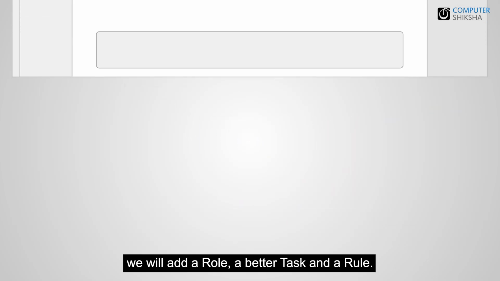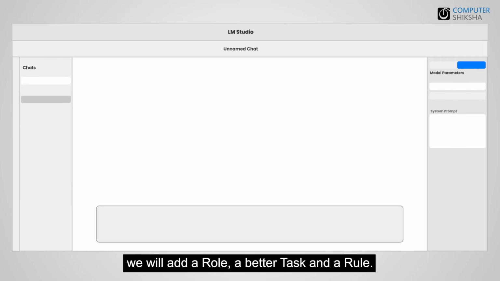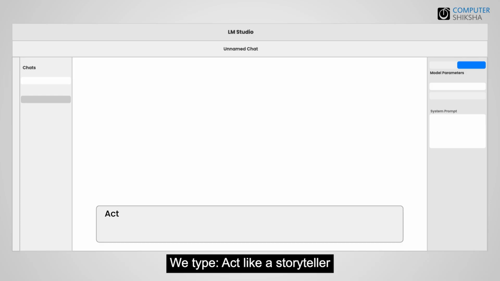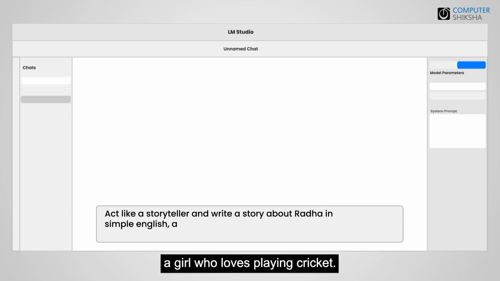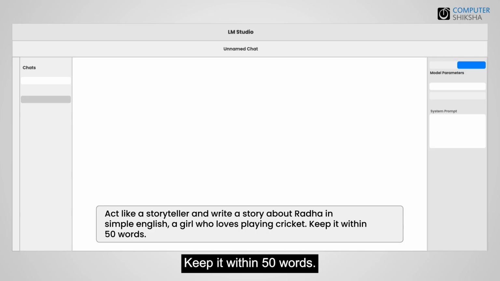This time, we will add a role, a better task, and a rule. We type, act like a storyteller and write a story about Radha in simple English, a girl who loves playing cricket. Keep it within 50 words. Now think about it, students. What changed?